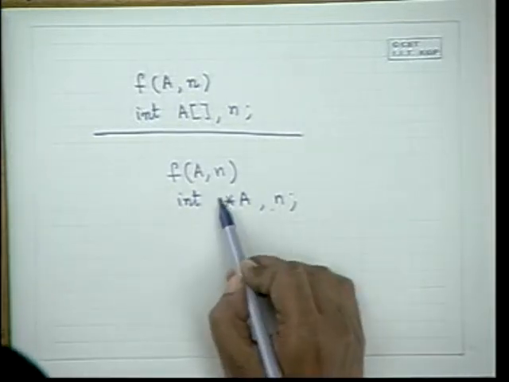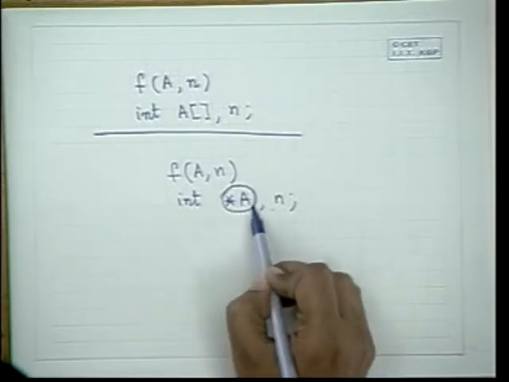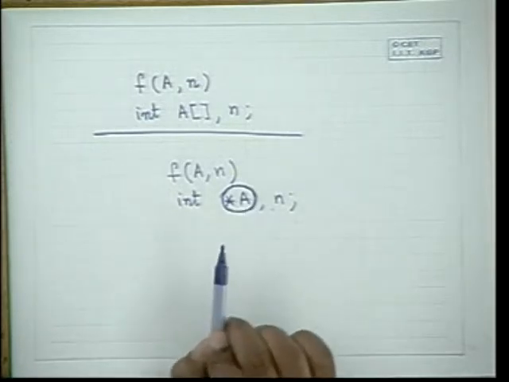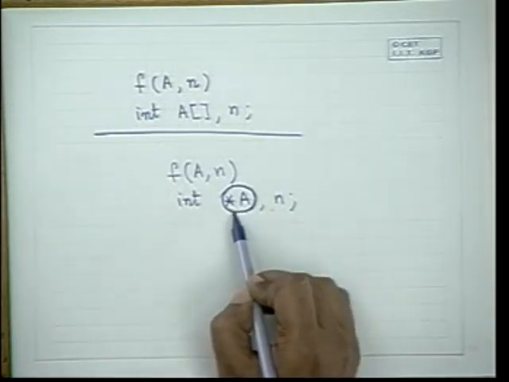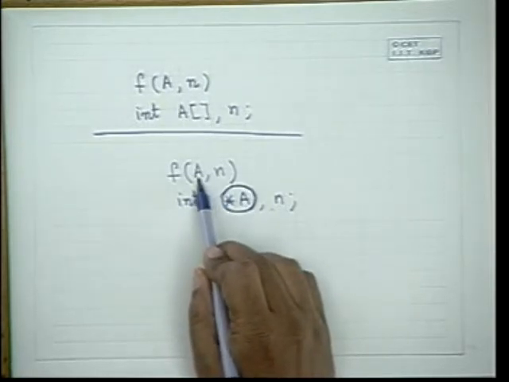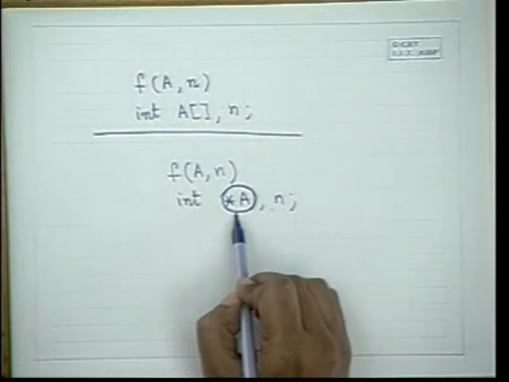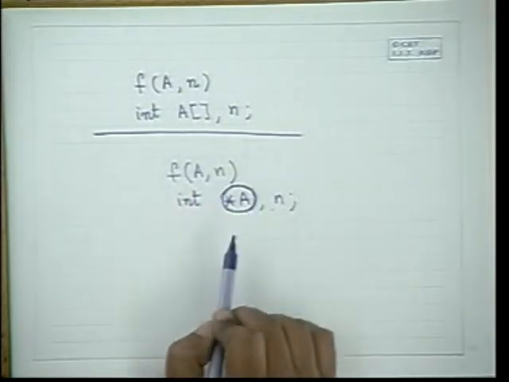But in such a situation, only one pointer element will be allocated as a variable, and you can move this pointer along this array because you have just passed the array name, but you have not allocated the array values.